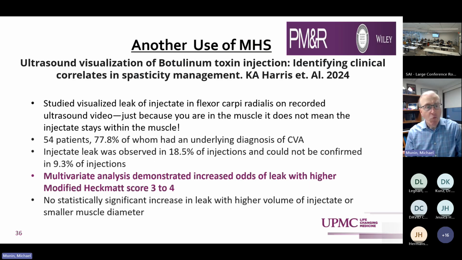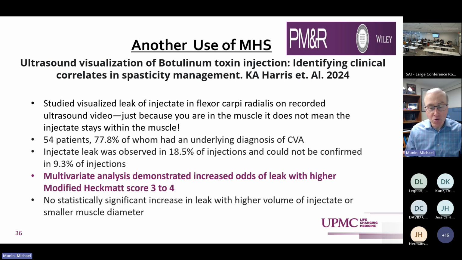So what's another clinical use of the modified Heckman scale? Well, this paper just came out this year in the journal PM&R. This is by Kristen Harris. I'll just briefly present her work. She studied leak of injectate in neurotoxin injections into the flexor carpi radialis, and they recorded them on ultrasound video.